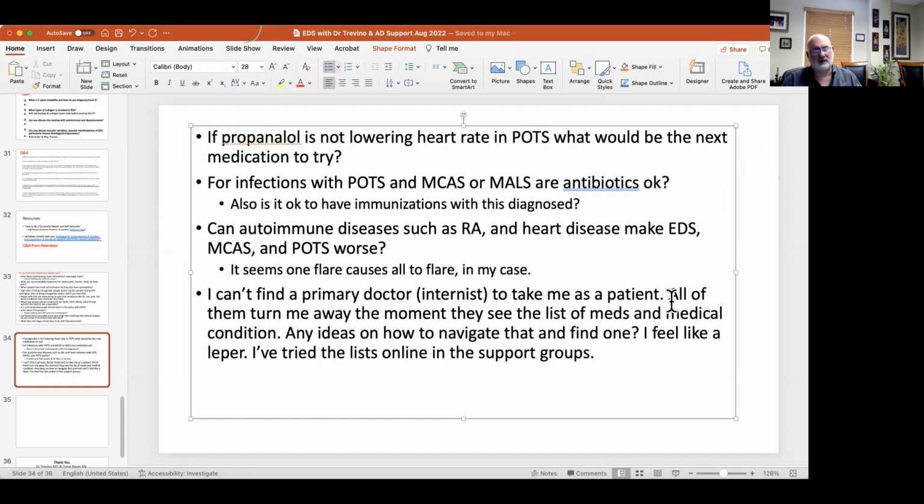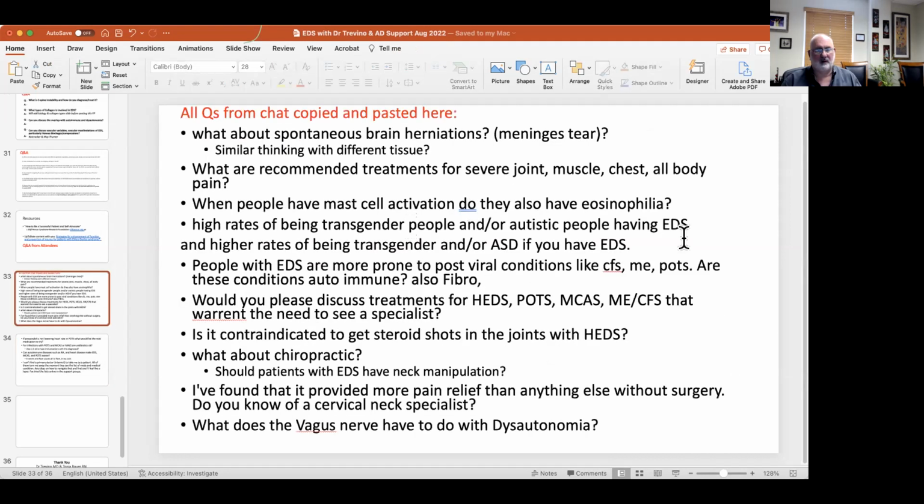So yes, I would say it would be the same. I've never seen a spontaneous meninges tear, but I think you would get an MRI with and without contrast and see where it is and what it's doing, and then see some neurosurgeon to try to figure out, is it something we just watch, or is it something we have to do something about?